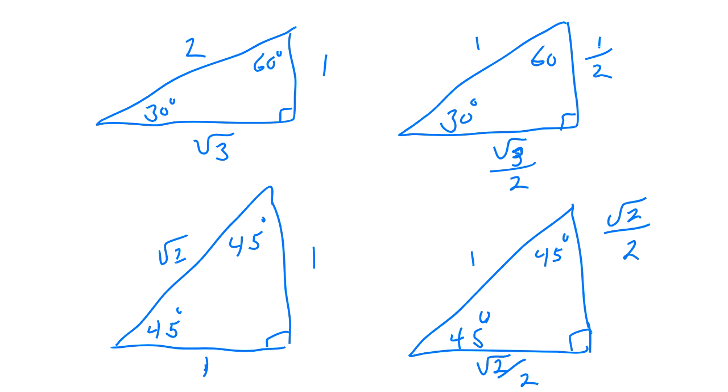Starting in the upper left-hand corner here, I've got a 30, 60, 90 triangle, and I have the sides labeled 2, 1, and the square root of 3. You will see this all the time when you're solving problems in this class. When you have a hypotenuse of 2, then the other sides are 1 and square root of 3.